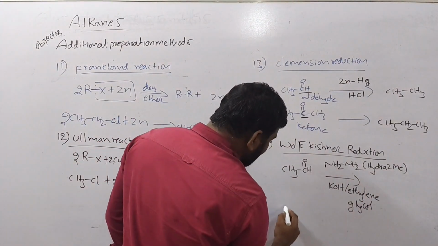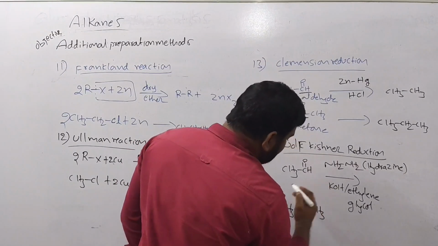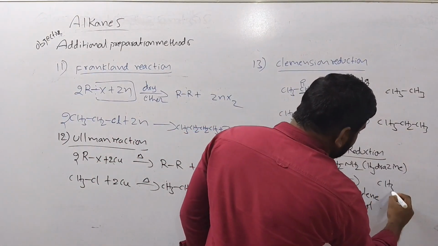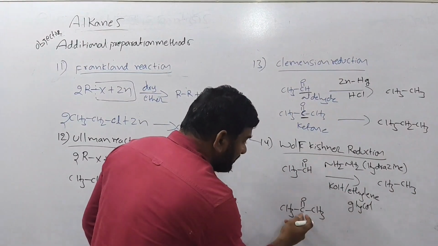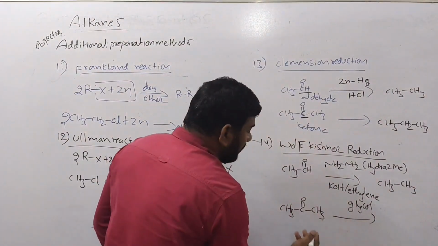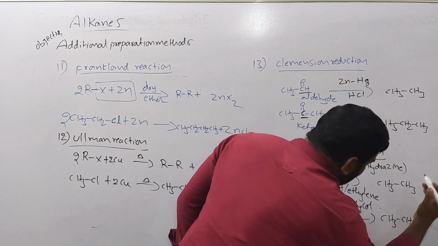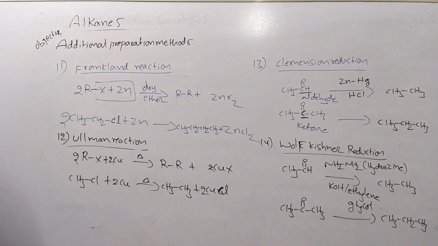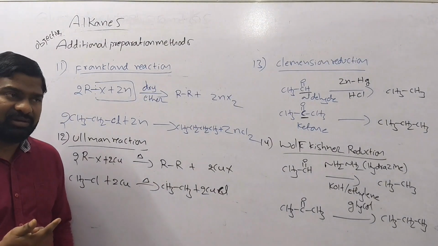The aldehyde group or ketone group is converted into CH2. In the place of CO you write CH2, and with one hydrogen it becomes CH3. Here also in the place of CO you write CH2, so CH3CH2CH3. In this way you can prepare the alkanes. With this, the alkane preparation methods are completed. In the next part, we'll do the physical properties and chemical properties.